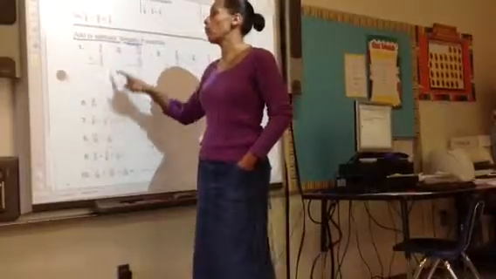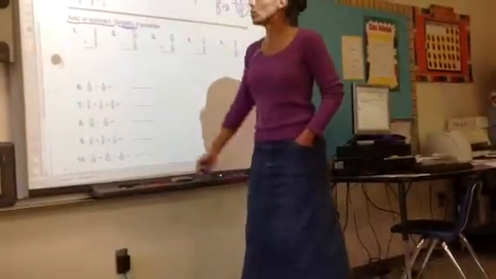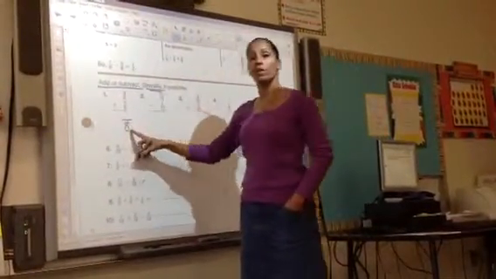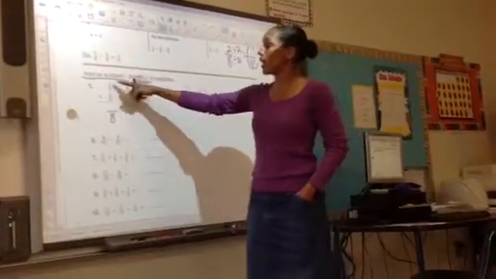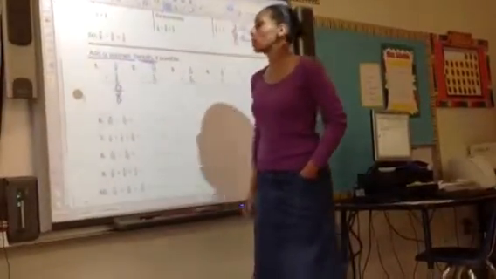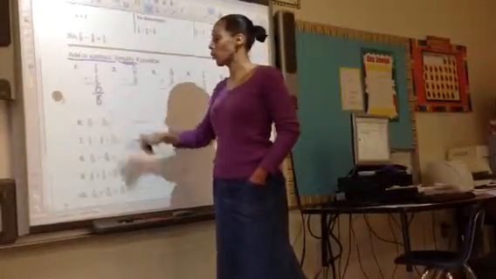So problem number 1, 3/8 plus 3/8. Well, we know that 8s and 8s are going to give us 8s. So we write down the denominator. Then we add 3 plus 3, which gives us 6. When I look at that, I immediately know that that is not in its simplest form.